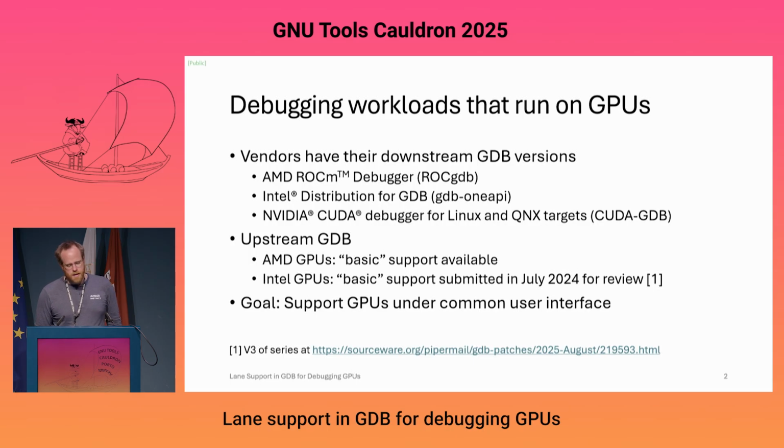As I said, currently we have mainly 3 downstream versions of GDB, with 3 kinds of differences. One of the problems we've faced when starting the upstreaming is that we can do many of the backend parts because they are quite independent from one GPU vendor to the next.